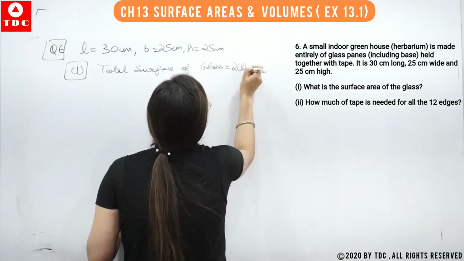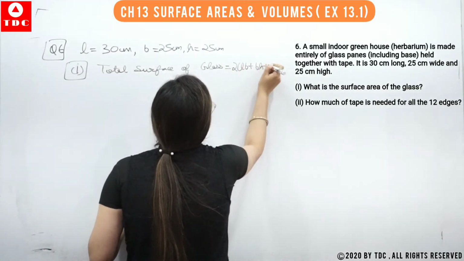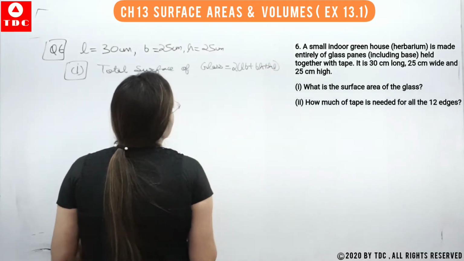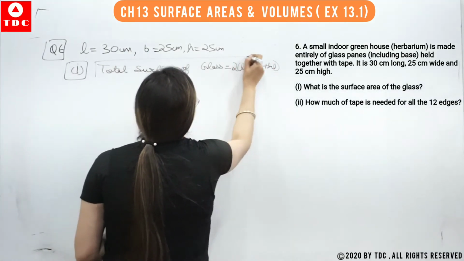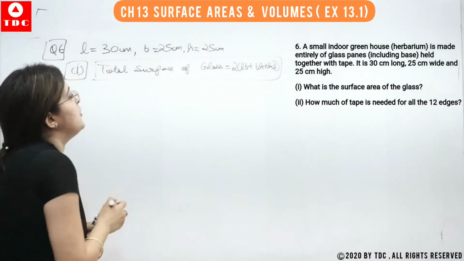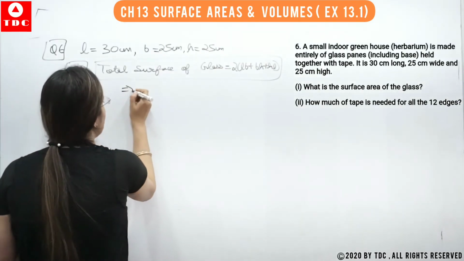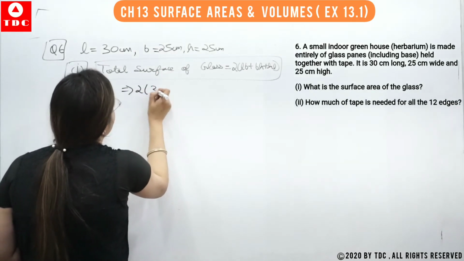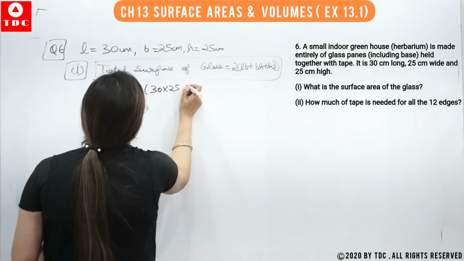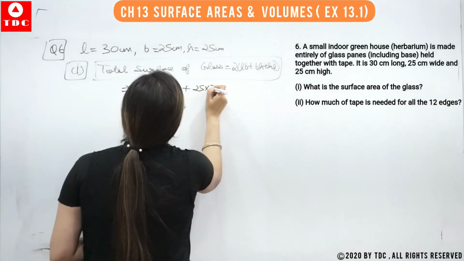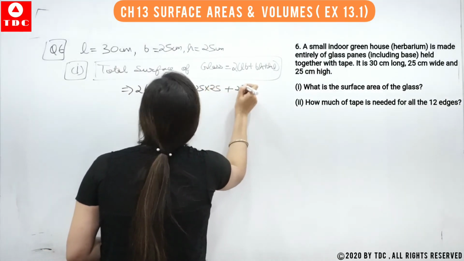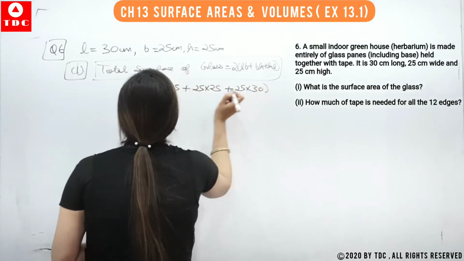To find out total surface area of glass, what will be the formula? We will use 2(LB plus BH plus HL). Okay, this is the formula. Let's put the values here. 2 into LB, 30 into 25 plus 25 into 25 plus 25 into 30.